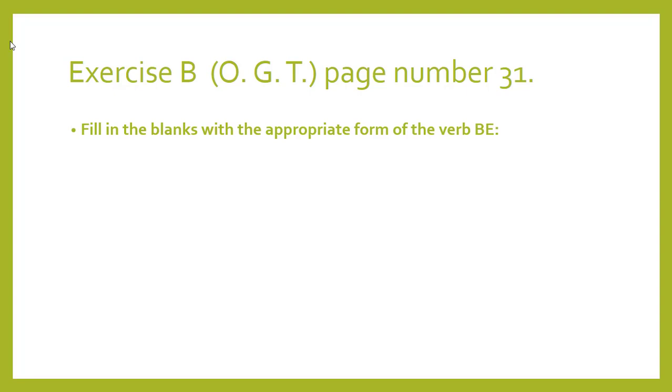The question is: fill in the blanks with the appropriate form of the verb be. Sentence number 1 is: This basket of fruit dash to be given to the dobies. What should be its solution? Use your common sense and think about its solution.